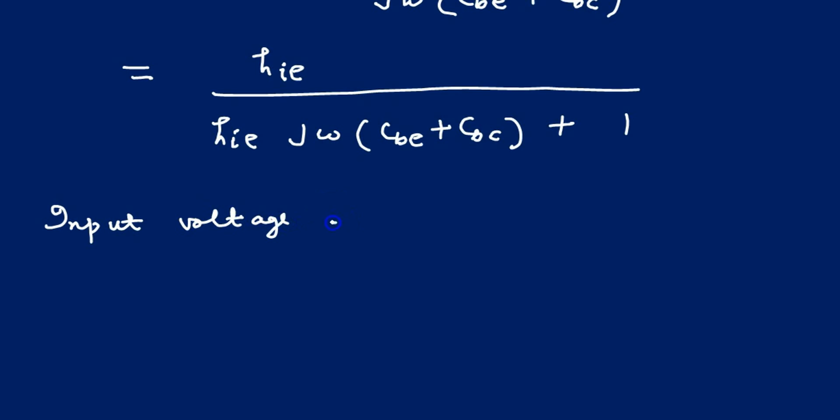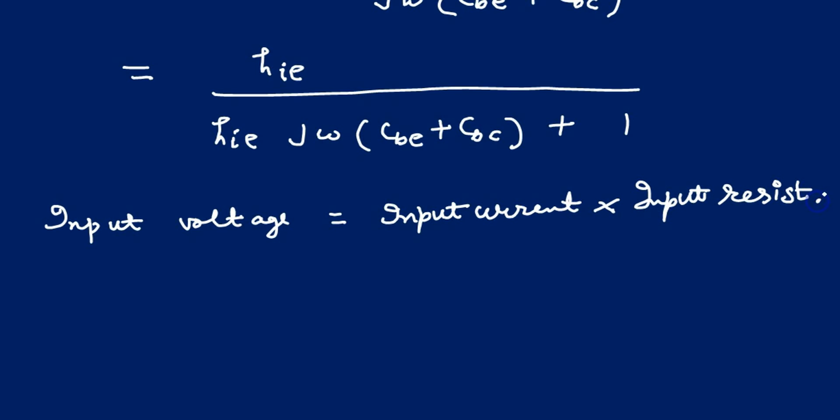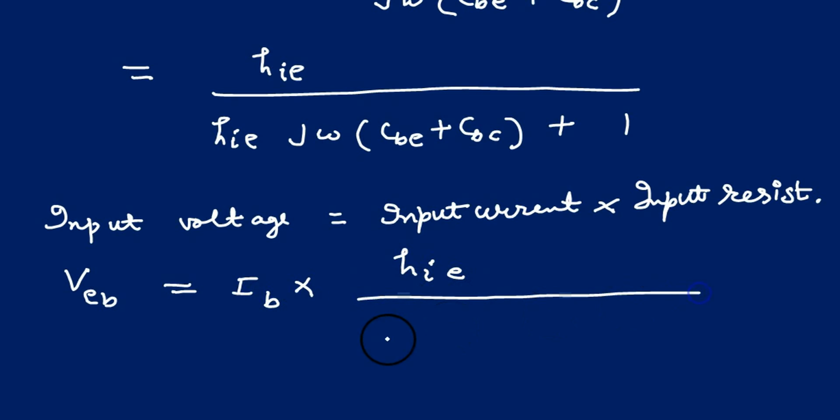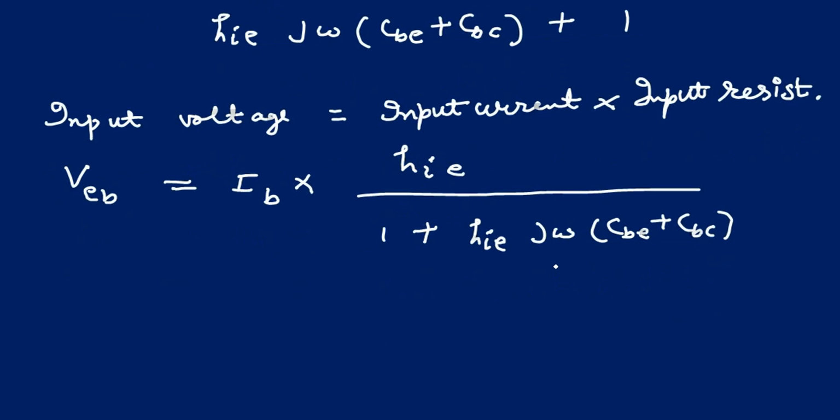Now we find the input voltage, which is the input current into the input resistance. So we are having the input resistance, input voltage is VAB, input current is IB, and the relation which we already calculated above. So again simplifying, we find the value of IB now.